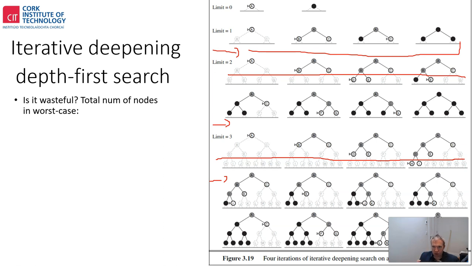If each level of the tree is expanding by a branching factor of 3, then clearly the lower levels will have the highest number of nodes. So it doesn't really matter that the upper levels are generated multiple times, because they are a fraction of what those below them will be.